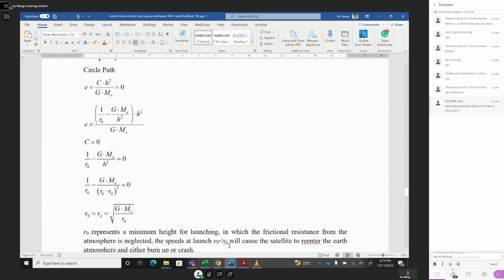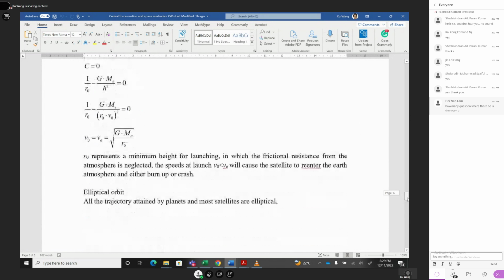If the speed is less, the satellite will re-enter the Earth's atmosphere and then burn up or crash. That's why this speed calculation is critical. So it should be more than this speed. If less than this speed, the satellite goes back to the Earth.